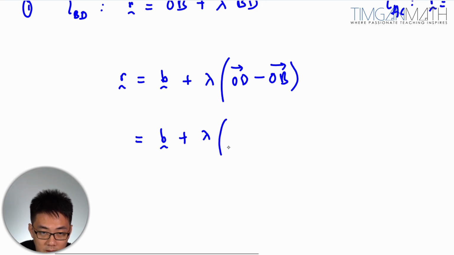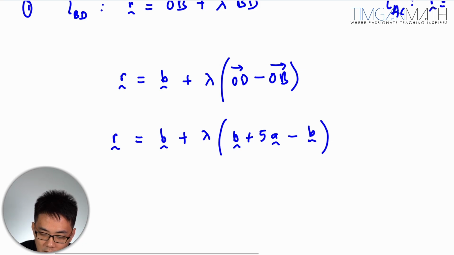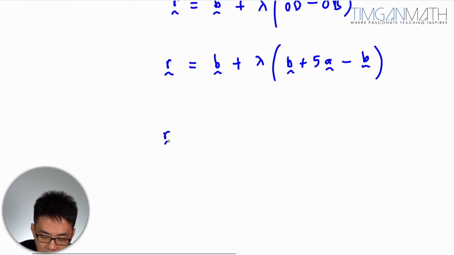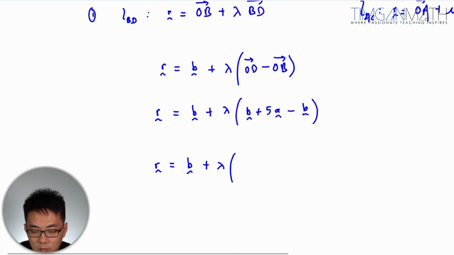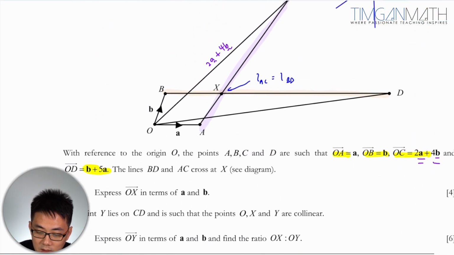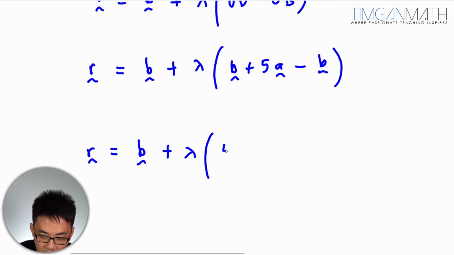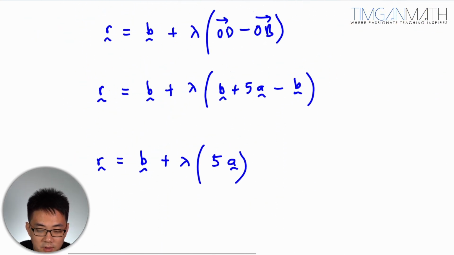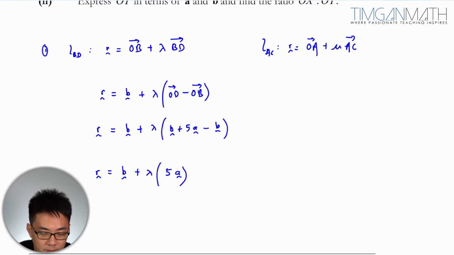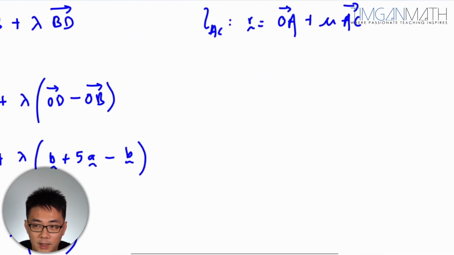Lambda times B plus 5A minus B. Essentially what we're going to get is r equals B plus lambda, and this direction is A, so it's 5A. You can just leave this as 5A. Of course, you can simplify if you want to, but I'm not going to simplify it.